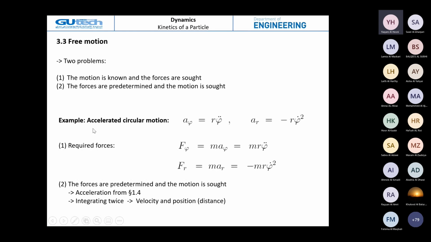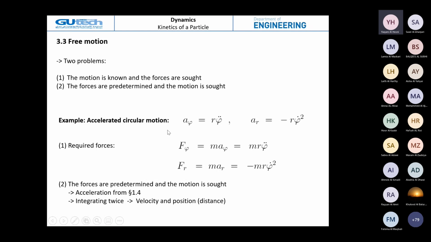Now, if we take the example of accelerated circular motion, we have the circumferential acceleration. As we said, it's the position r multiplied by omega dot. This is what we call the normal one. And you have the radial one, which is the position multiplied by omega square.